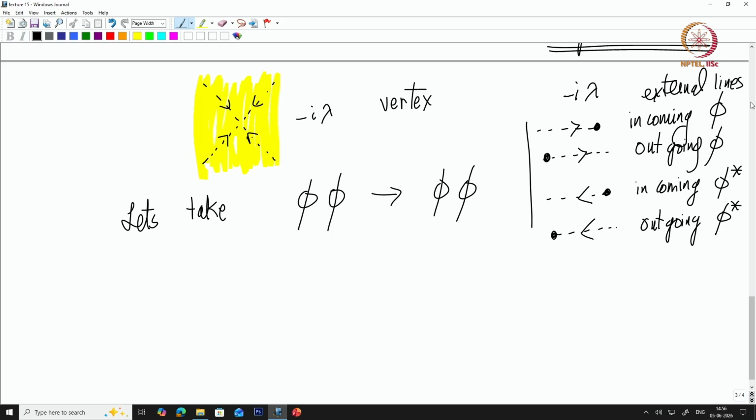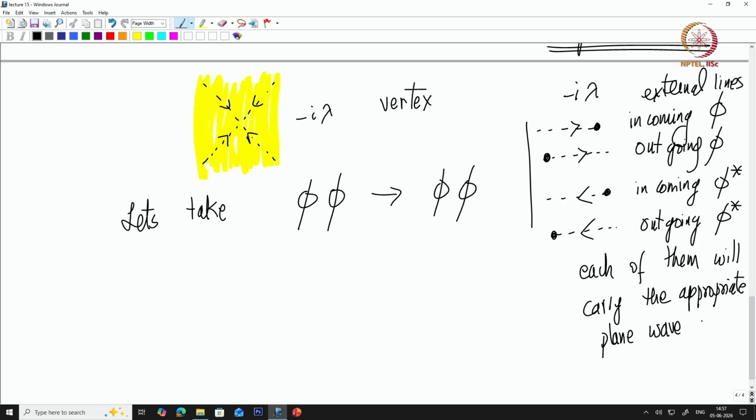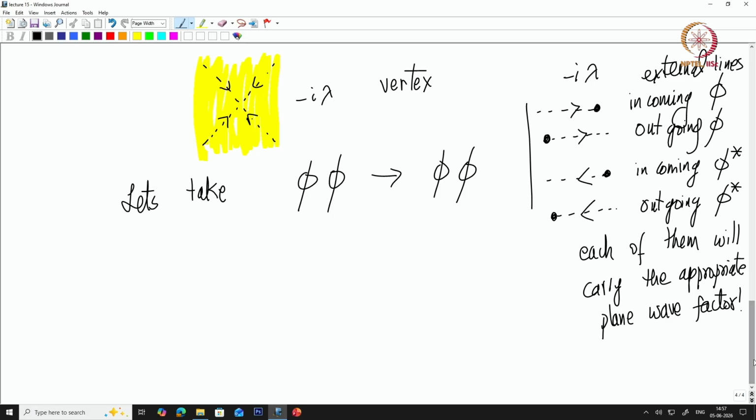So each of them will carry the appropriate plane wave factor. Even if you do not keep it, this plane wave factor will end up giving you something at the end of the day.